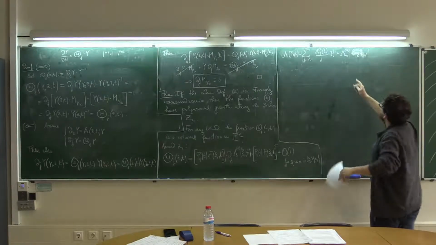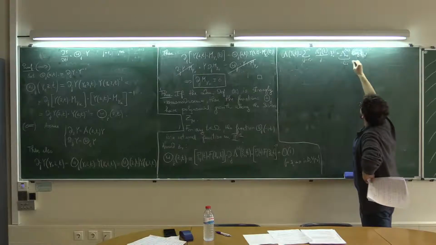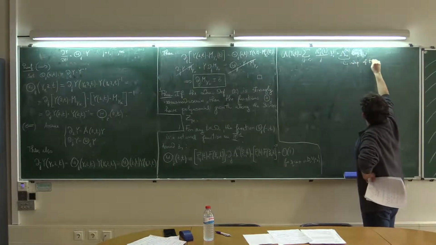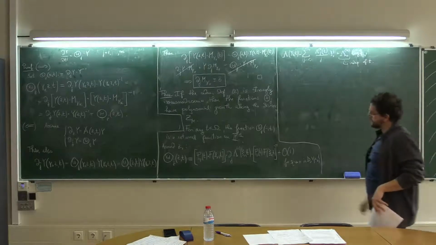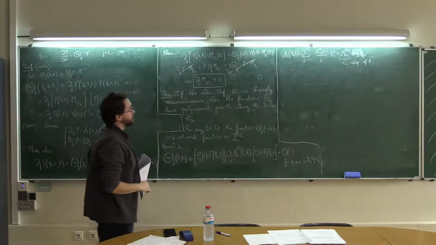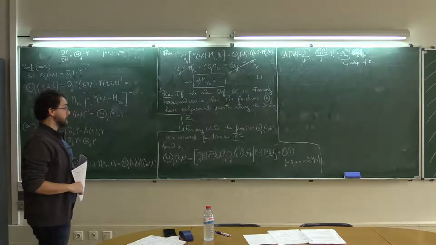This is the formal monodromy exponent. And I color this because by assumption it is independent of t. You see, if it is strongly isomonodromic, this is independent of t.